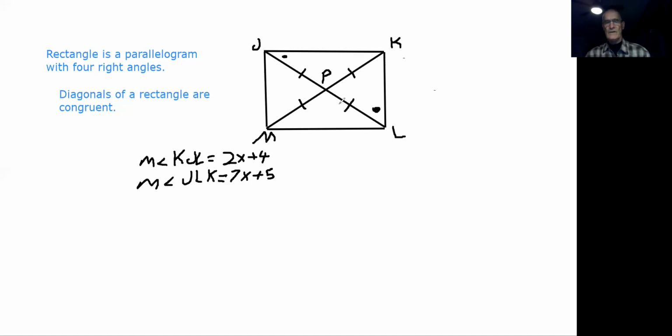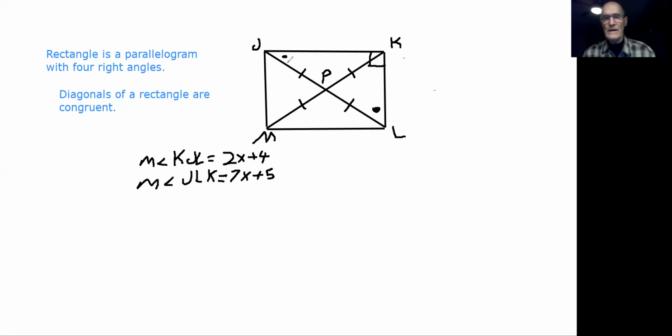Since this is a rectangle, all the angles are right angles. That means this big angle up here at the top is a right angle. If I look at the triangle JLK, the triangle has 180 degrees.